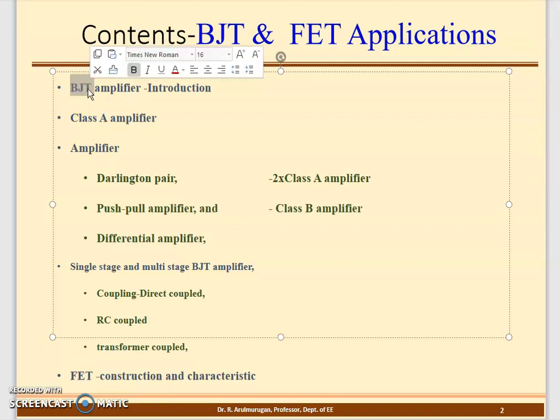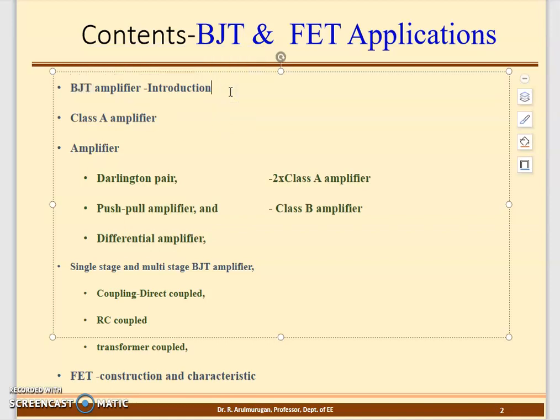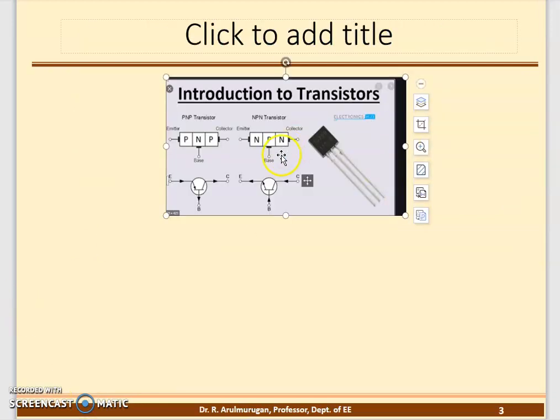A transistor can be used to do the op-amp. How does it do the amplification? The transistor has three terminals, which you should know first: the base, the collector, and the emitter. So this is a transistor.